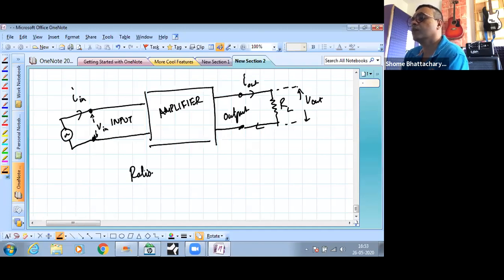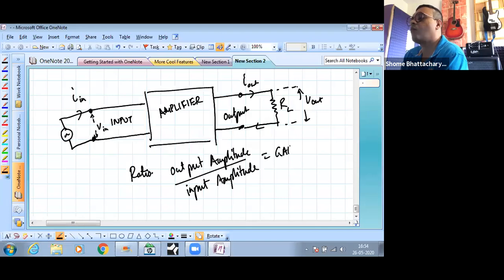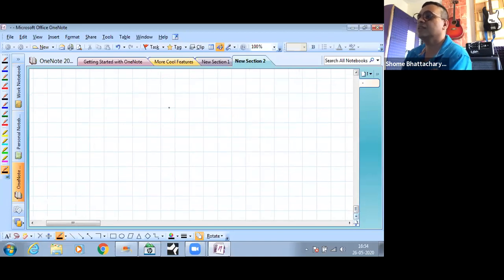So the ratio of the output amplitude to the input amplitude in general is called the gain factor. Okay. Now if you're talking about current amplitude factor, or the ratio of the current amplitude of output to input, then that is called the current gain. If you're talking about the voltage amplitude of the output to the voltage amplitude of the input, it is called the voltage gain factor.